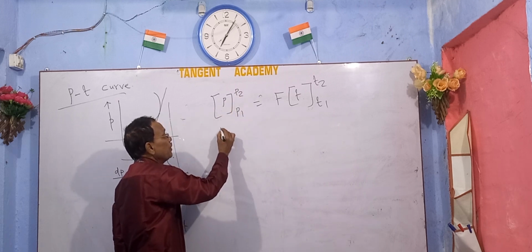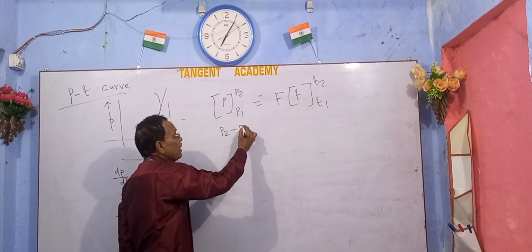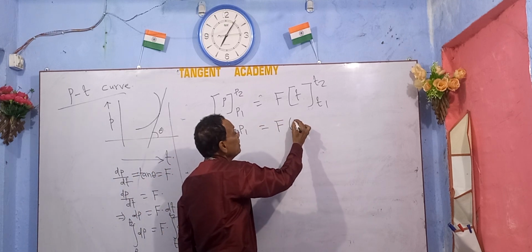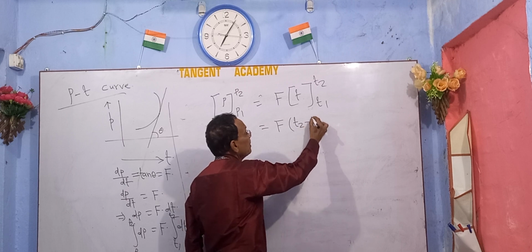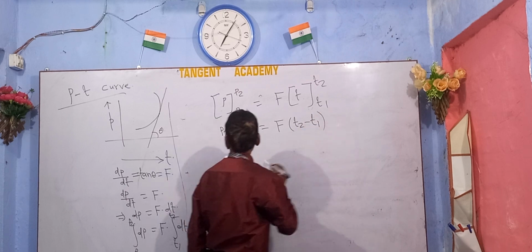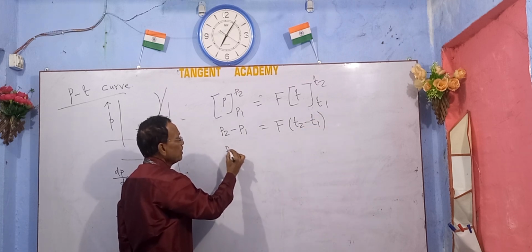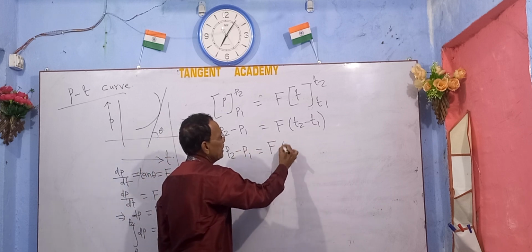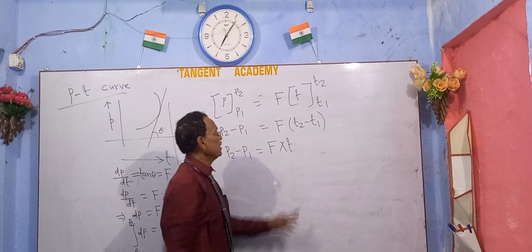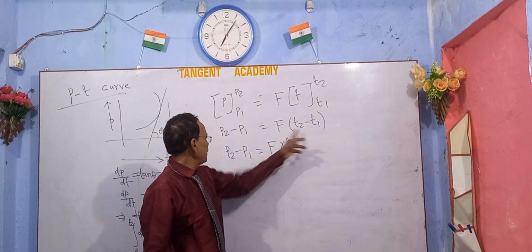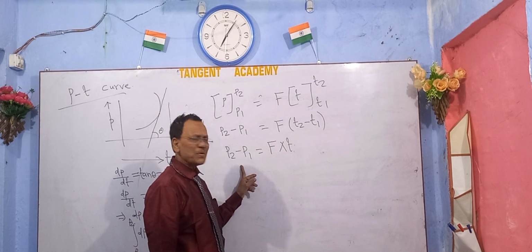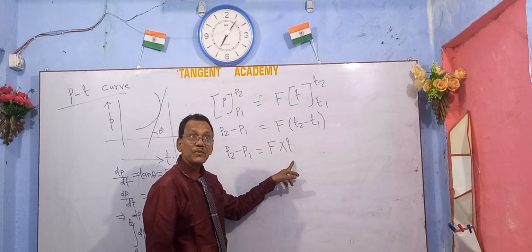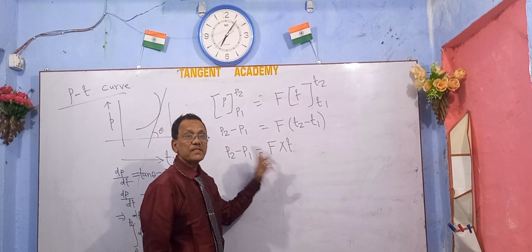Putting in the limits, P2 minus P1 is equal to F times T2 minus T1. Here T2 minus T1 is the change in time and P2 minus P1 is the change in momentum, which gives you impulse.